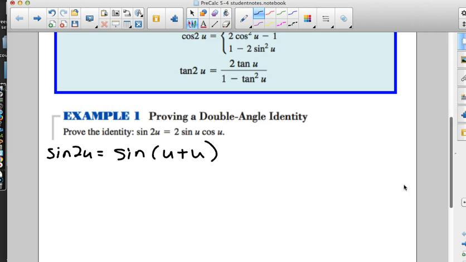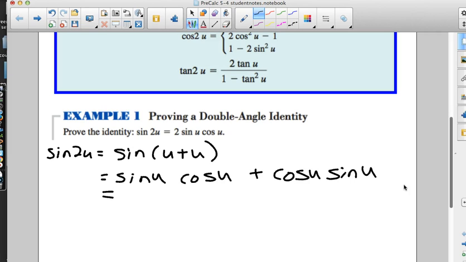And we say to ourselves, sine had that nice pattern of sine, cosine, cosine, sine. Did we have to change the sign when we dealt with sine, the trig function? Nope. Plus, plus. And then it was always, put the first one in for u and v. Well, they're both u's. Sine of u, cosine of u, plus cosine of u, sine of u.